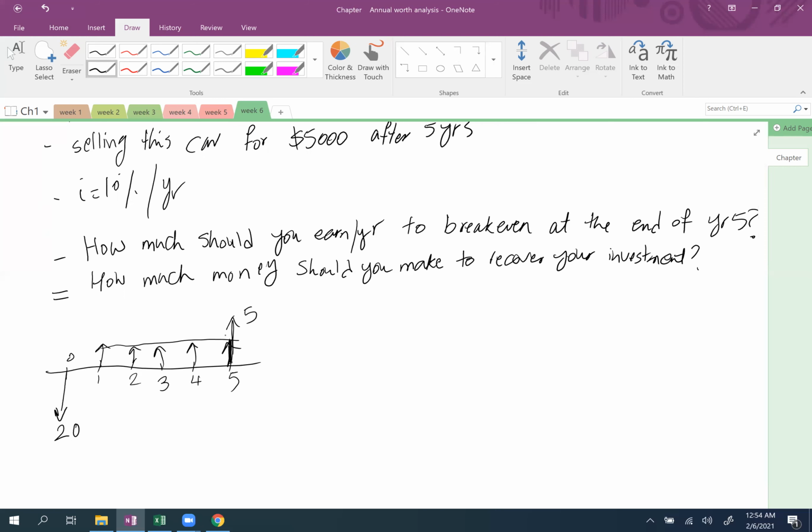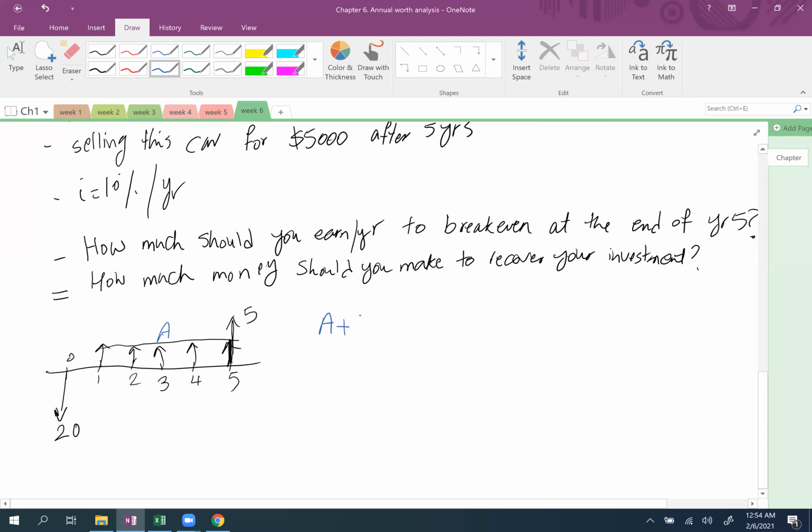To answer this, you need to write your cash flow diagram, and the break-even point, or the point where you can recover your initial investment, is the place where your total cash flow is going to be equal to 0. So I'm looking for the value of A, how much money I have to make per year to recover my initial investment.